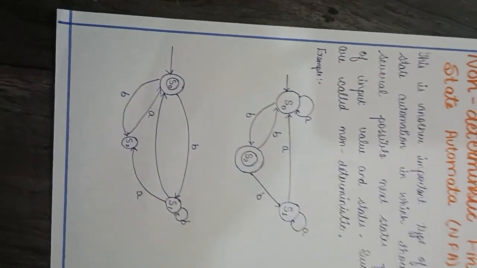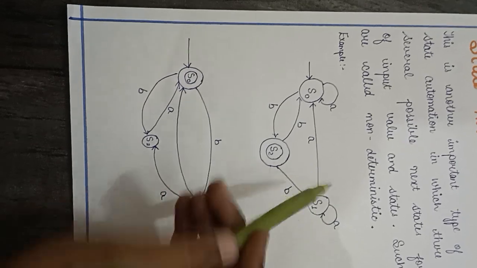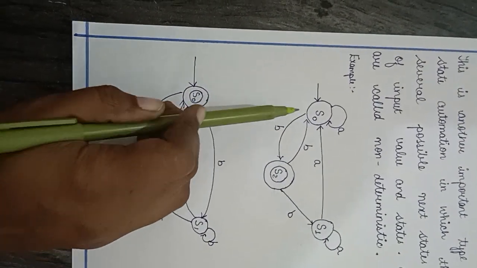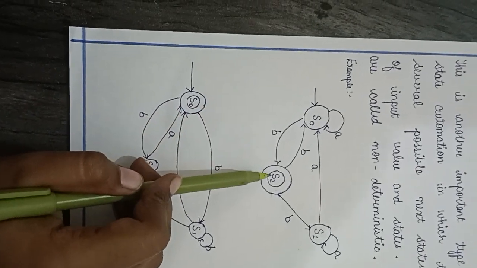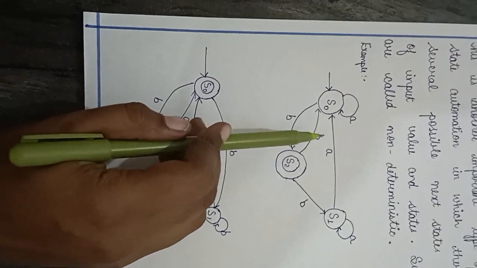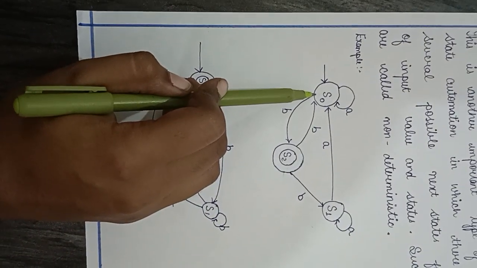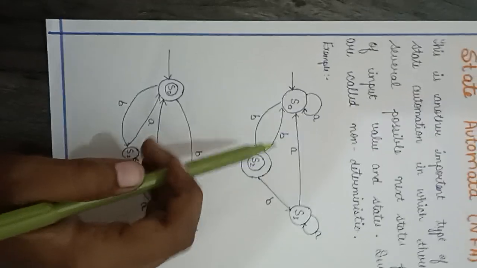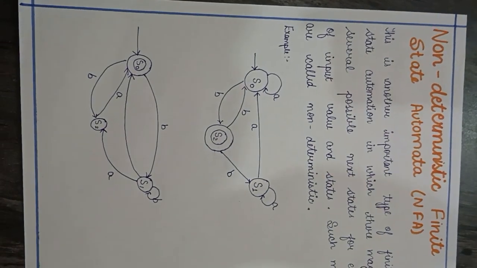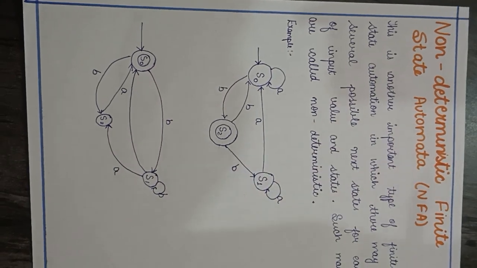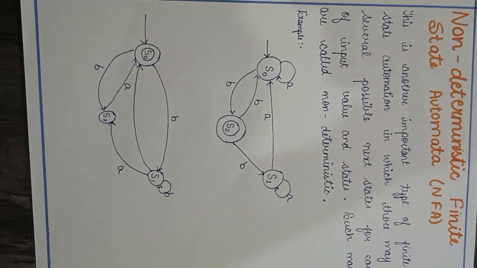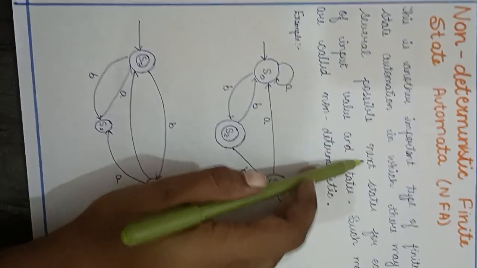Applying input B to S0, we get S2. And in S2 applying input B we get S0. So the states are changing, and there are several possible next states for the input values. So this is an example of NFA.